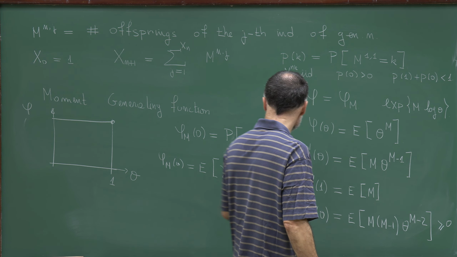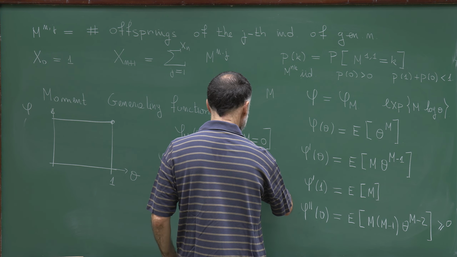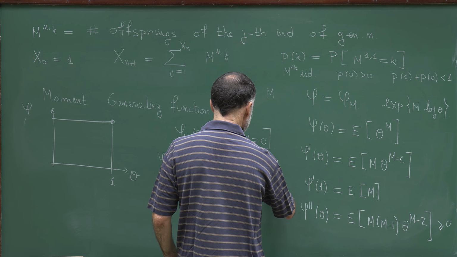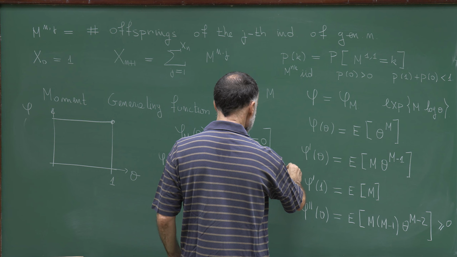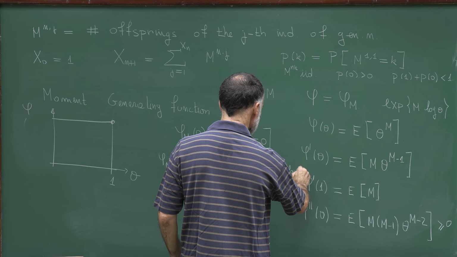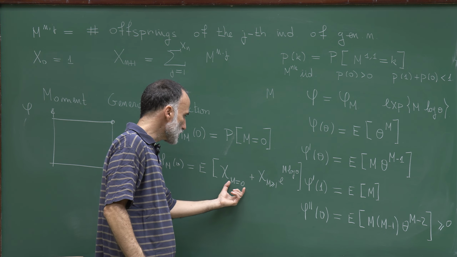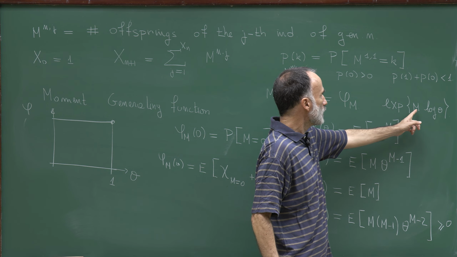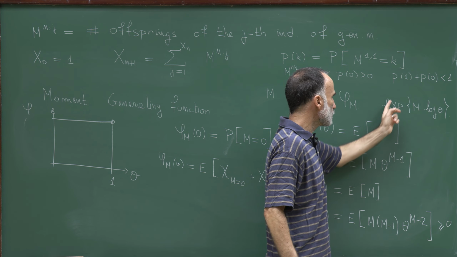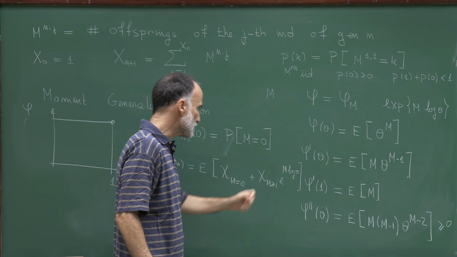So this is the first piece, which will give me a contribution 1, and then I have the indicator for the points where m is larger than or equal to 1 of the exponential of m log of theta. So I just decomposed phi in two cases, the case in which m is equal to 0 and m larger or equal to 1. When m is equal to 0, this exponential is equal to 1, so there is a factor 1, and then there is this factor.